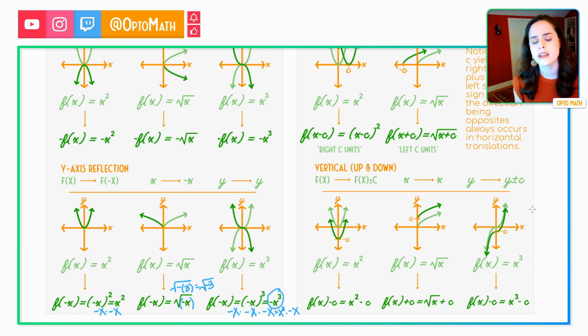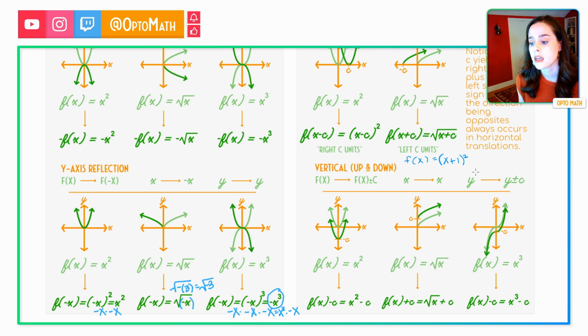I want to show you one example for our horizontal shift, so it makes a little bit more sense with an actual example of why it changes. So let's say we have f(x) equals the quantity x plus 1 squared.